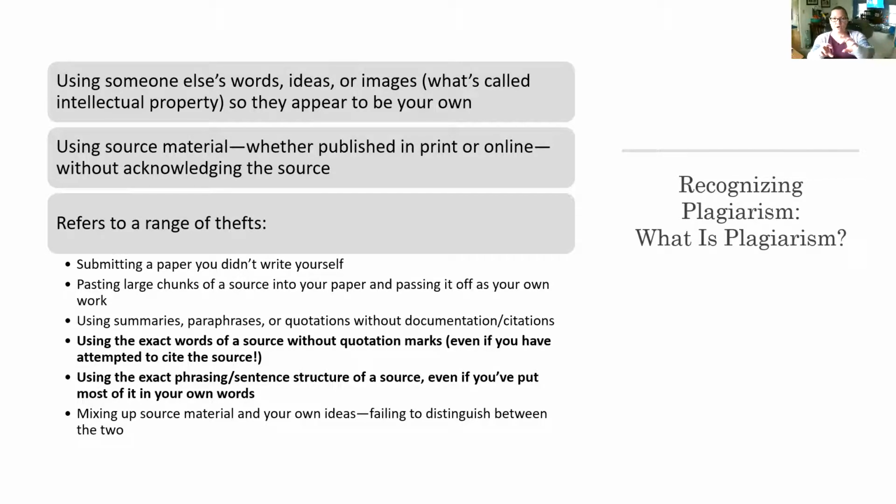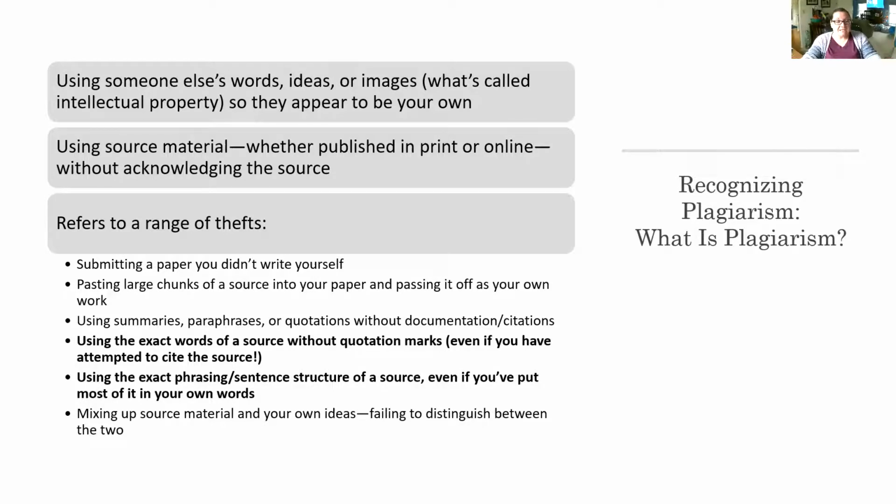If you have a direct quote, citation comes right after it. If you have paraphrased a few sentences, citation comes right after it. If you have put that citation in the wrong place, then it's not clear what information in the paragraph came from you and what actually came from that source that you've cited. That's plagiarism.